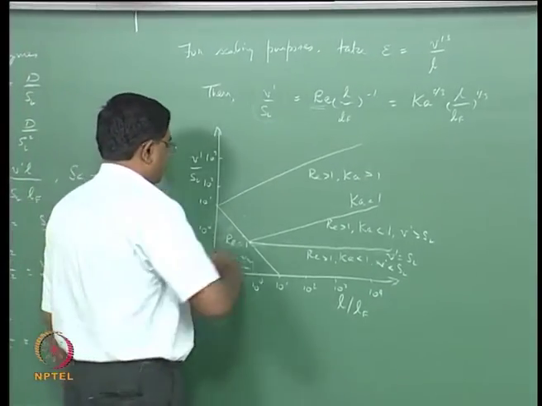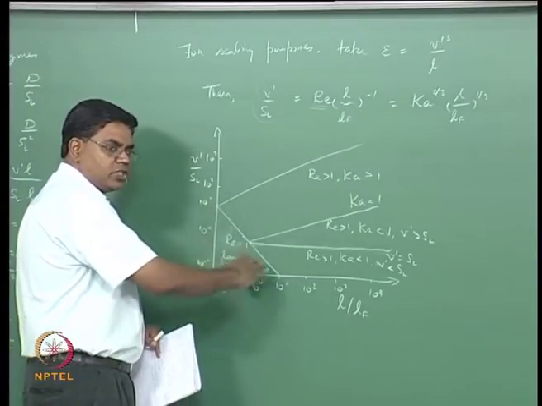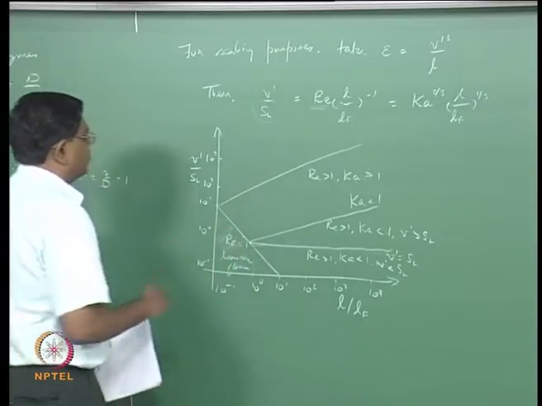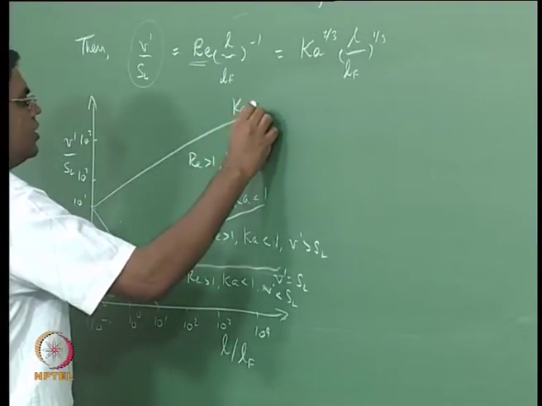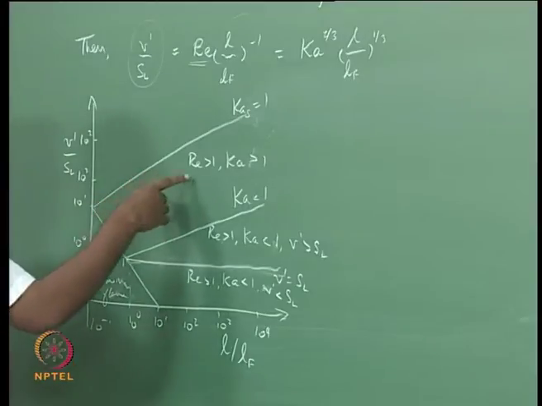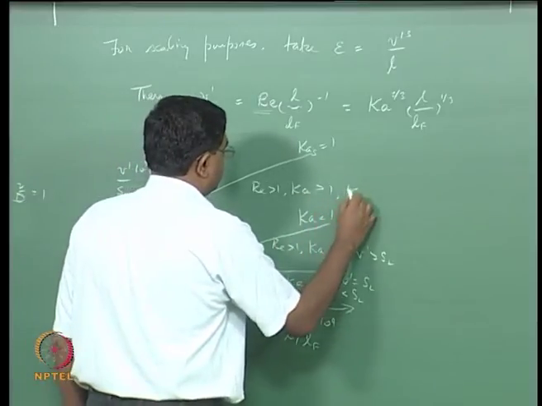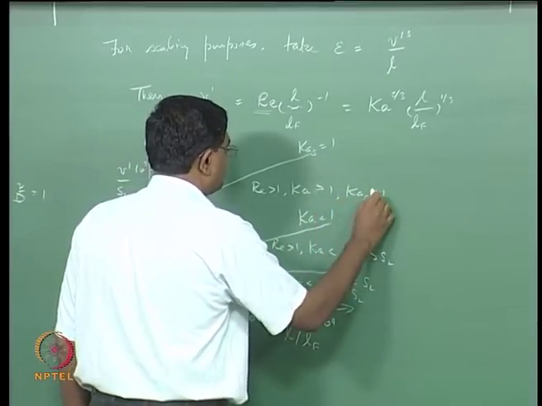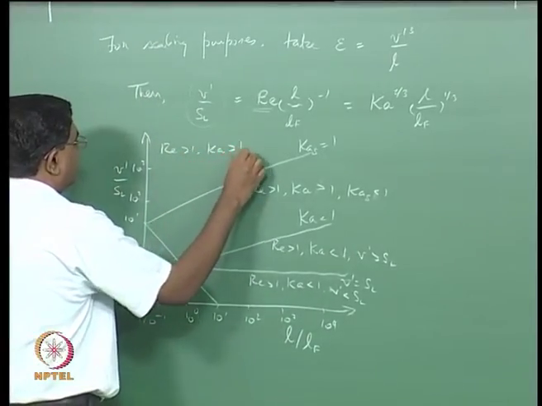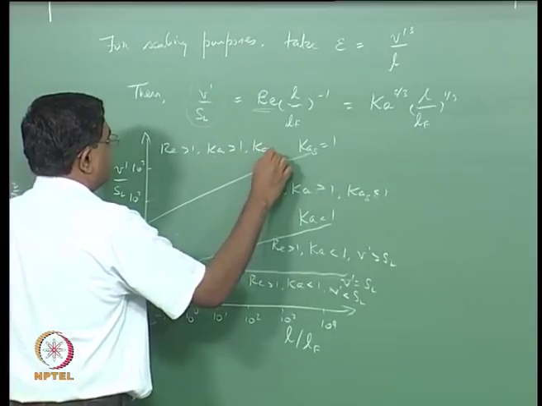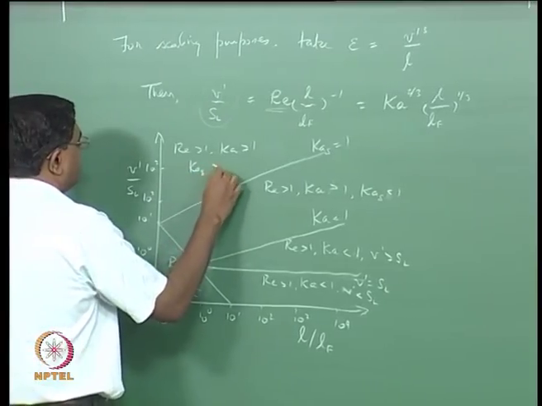These things could be a little bit off this way or that way, but essentially we get the picture depending upon the value of your Zeldovich number. This line corresponds to Ka delta equal to 1. Therefore you go back and say Re greater than 1, Karlovitz greater than 1, but Karlovitz delta less than 1, and here we have Re greater than 1, Ka greater than 1, Ka delta greater than 1.